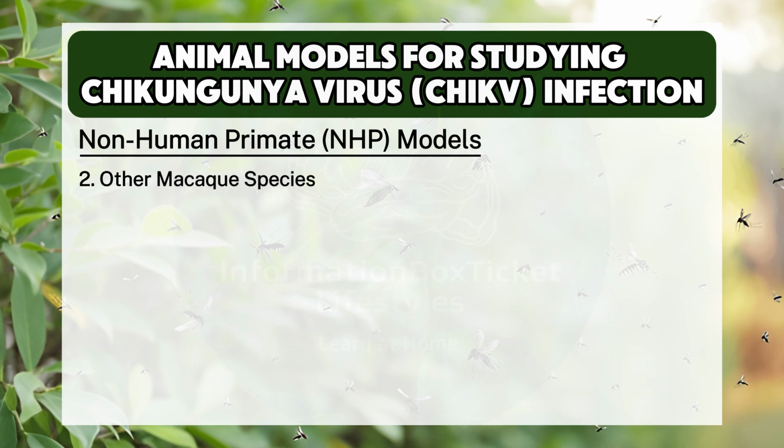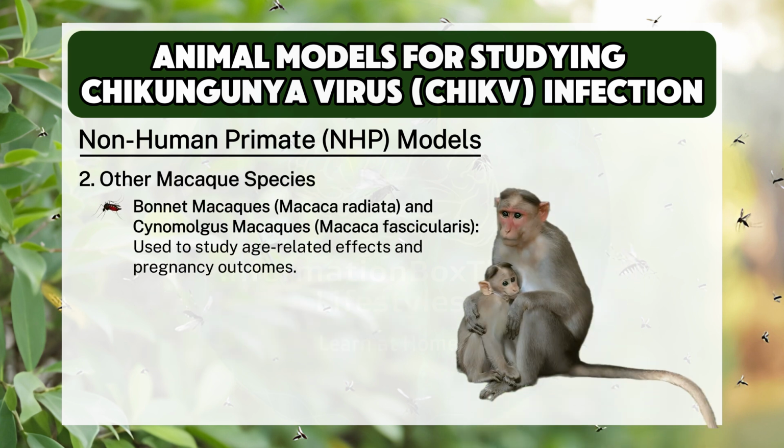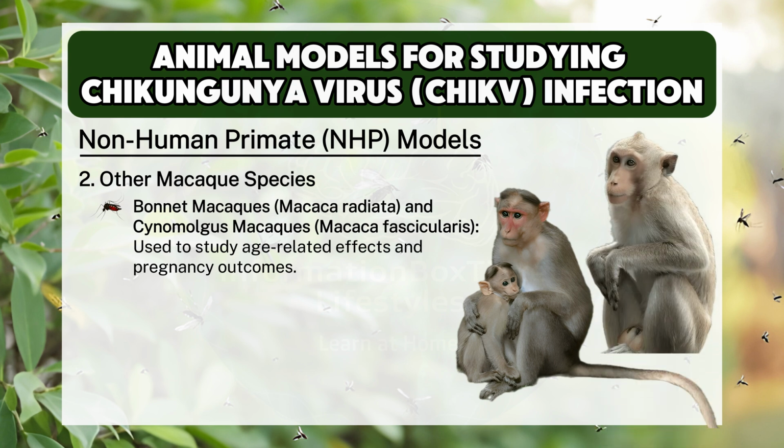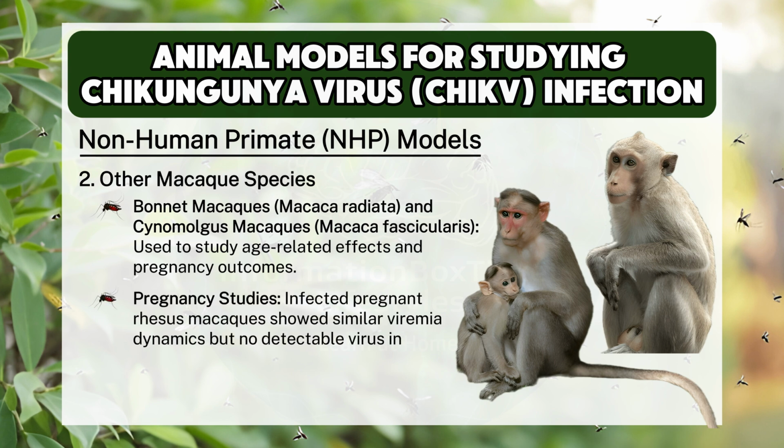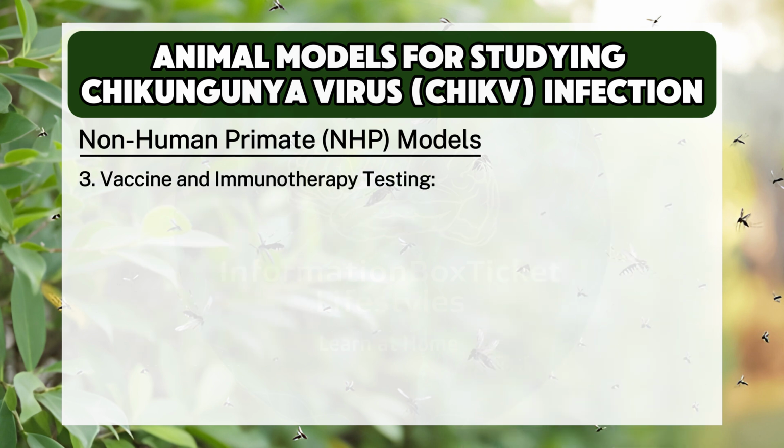2. Other macaque species: Bonnet macaques, Macaca radiata, and cynomolgus macaques, Macaca fascicularis, used to study age-related effects and pregnancy outcomes. Pregnancy studies: infected pregnant rhesus macaques showed similar viremia dynamics, but no detectable virus in fetal tissues or placenta. 3.